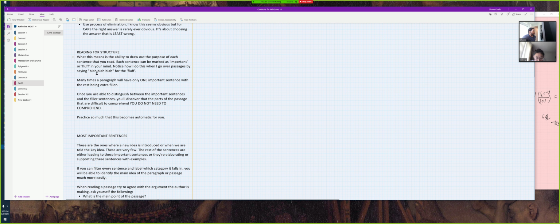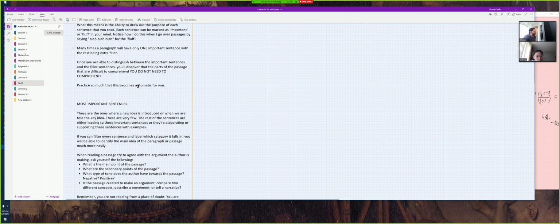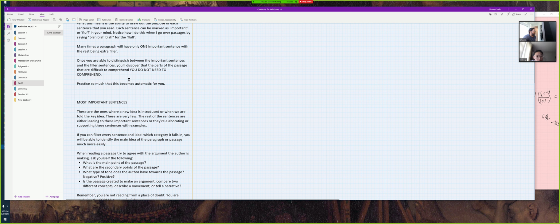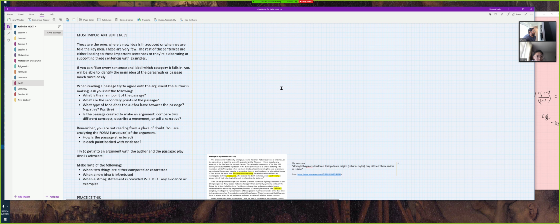Yeah, reading for structure. That means basically each sentence can be marked as important or fluff in your mind. A lot of things are just filler, but you've got to practice so much that it becomes automatic. The most important sentences are the ones where a new idea is introduced.